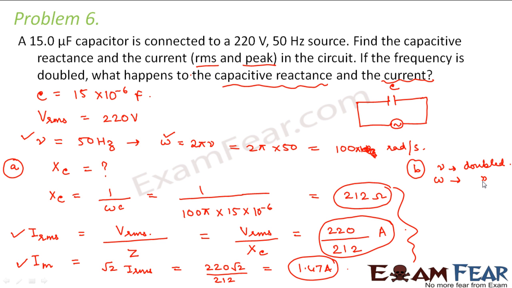Now if angular frequency gets doubled, what will happen to the capacitive reactance? Since capacitive reactance is inversely proportional to the angular frequency, if angular frequency gets doubled, the capacitive reactance will become half. So the capacitive reactance will be halved.